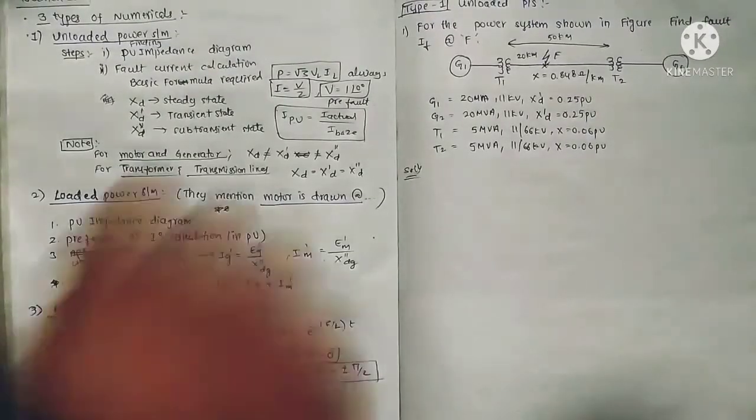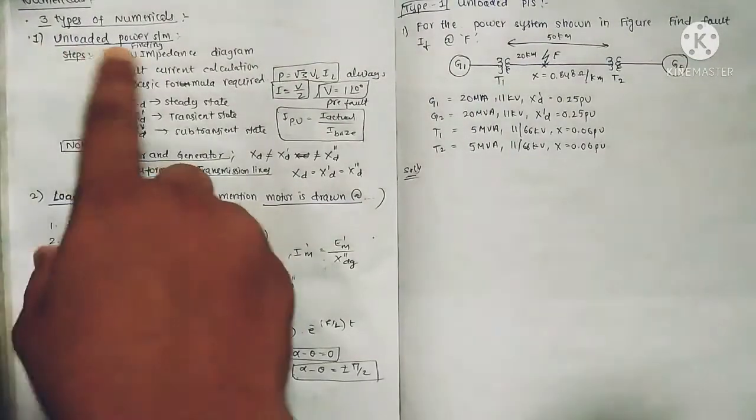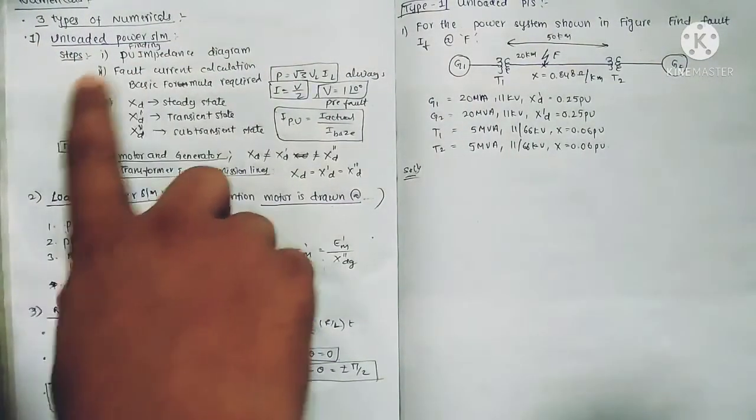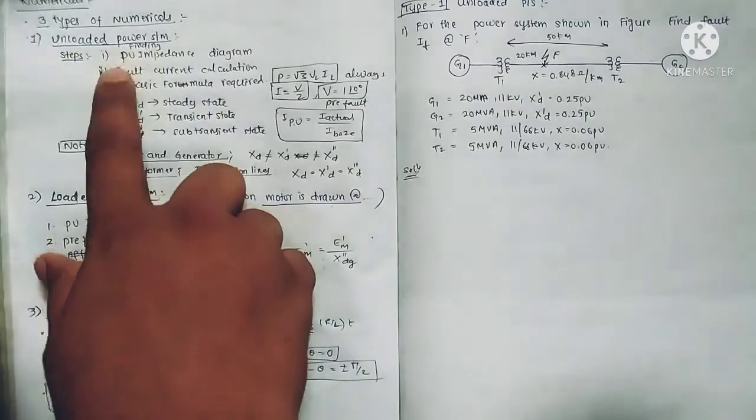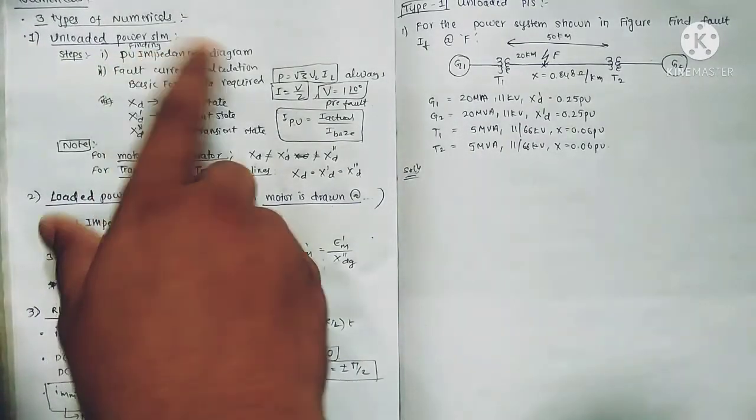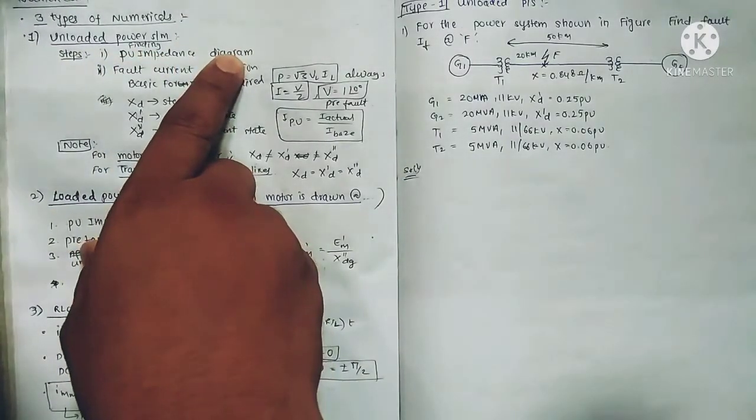Let's see what we do in the unloaded power system. Steps: first, we find the PU impedance diagram as we dealt with in module 1. We need knowledge of module 1 numericals.